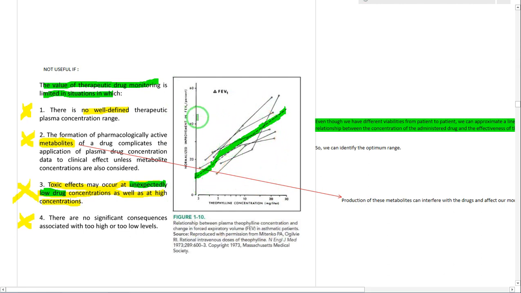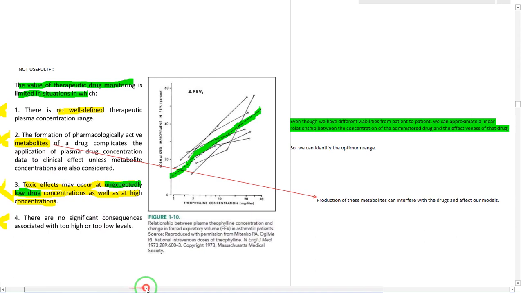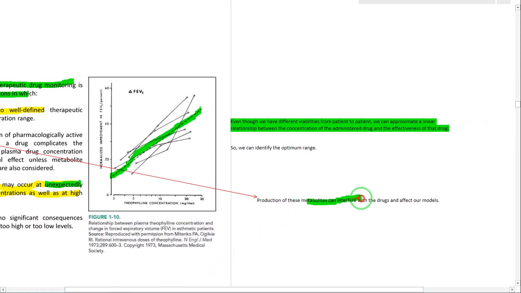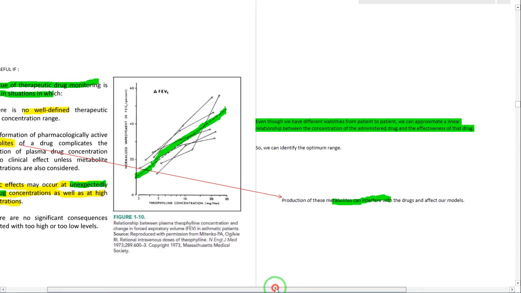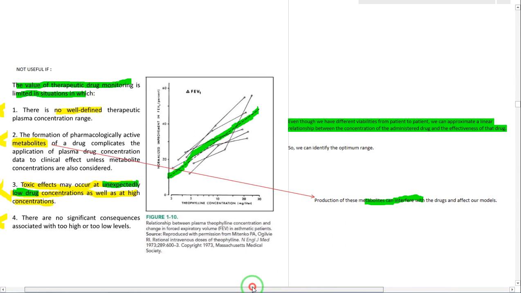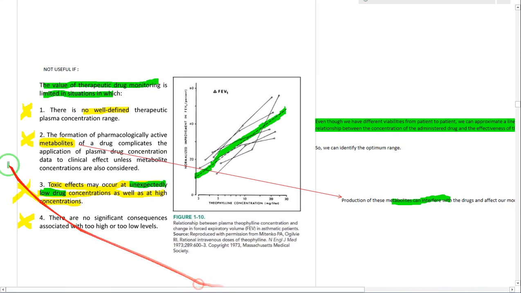But sometimes the diagrams that we get from the pharmacodynamics or pharmacokinetics are not going to be valuable. For example, there is not a well-defined relationship between the concentration and the effectiveness. Sometimes some metabolites are produced which can interfere with the drugs, and how precise our models are going to be can be affected by these metabolites.